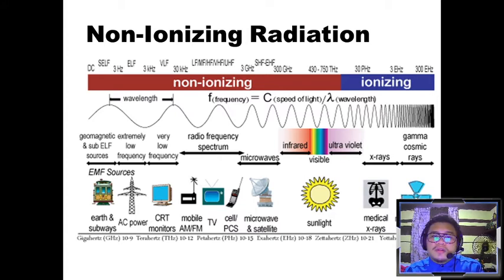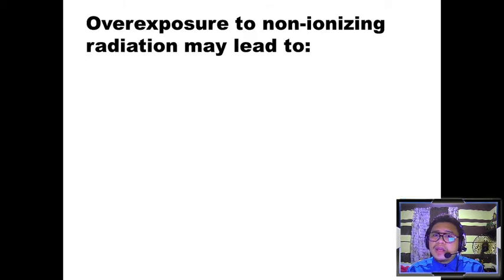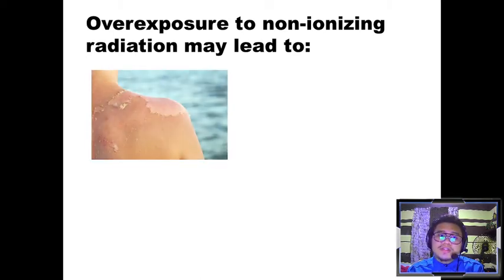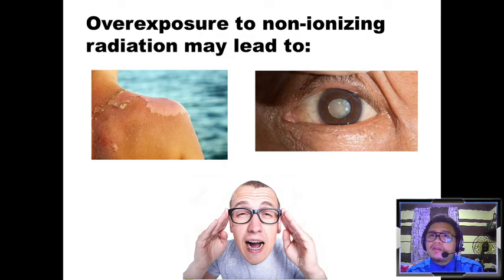So, non-ionizing radiation is much less dangerous than ionizing radiation, but you still have to be careful because overexposure to this non-ionizing radiation may lead to any of the following effects: sunburns, or the development of cataract in your eyes. So those are some of the effects, and even poor eyesight. Like for example, too much exposure to ultraviolet radiation can lead to sunburns and also skin cancers.